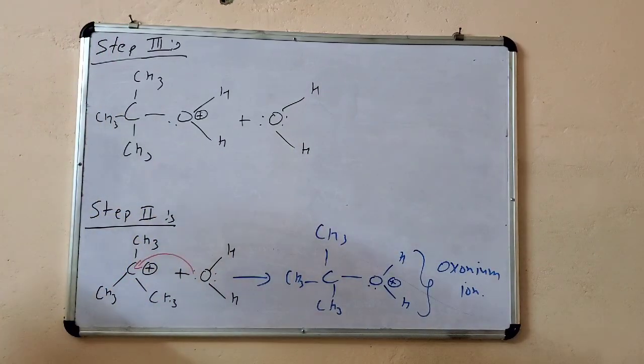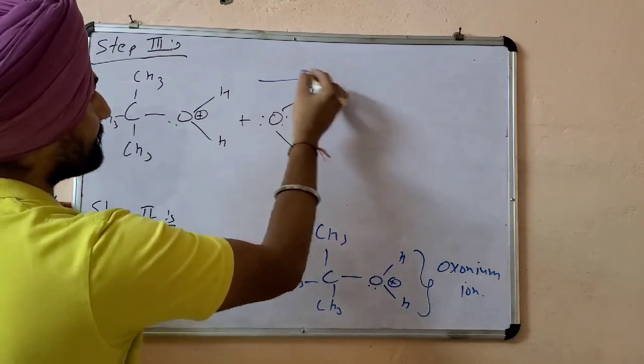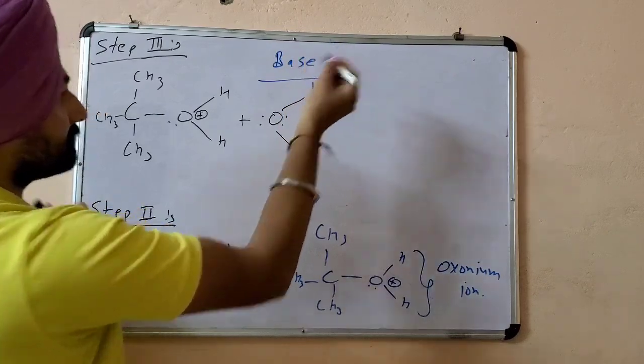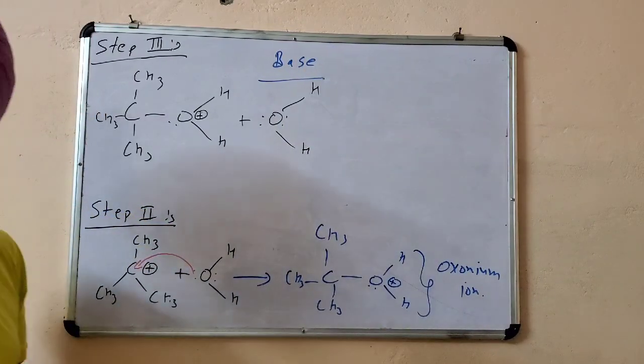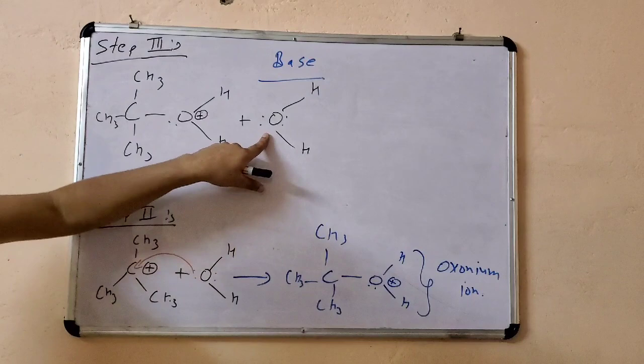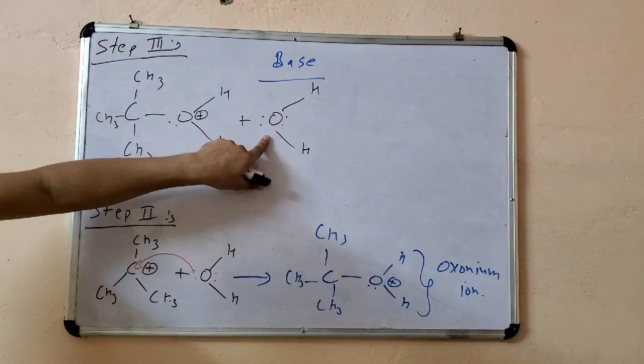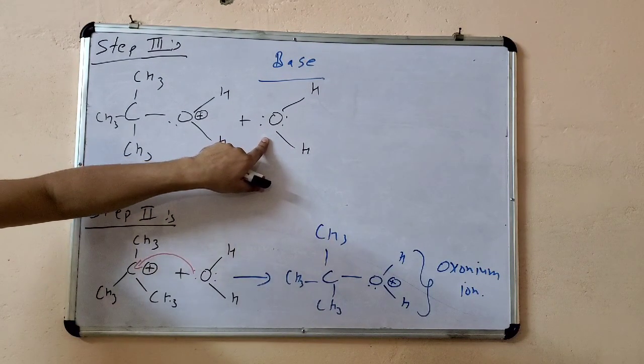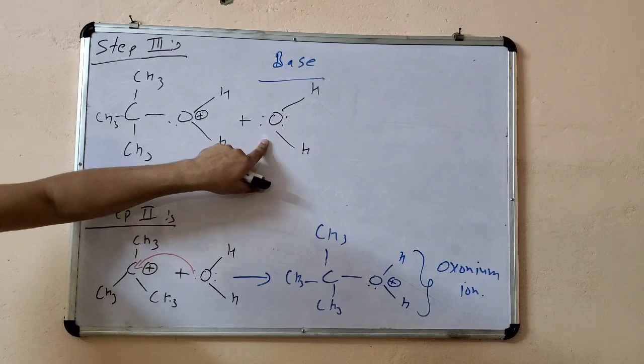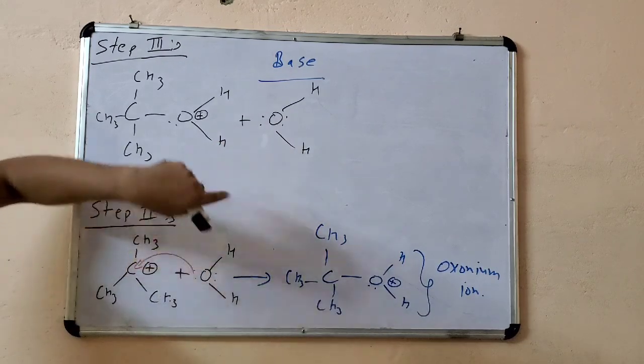Now what will happen here? Here water acts as a base. This incoming water molecule acts as a base. What are bases? Bases are the electron donors. So it will donate the pair of electrons, right? And it will deprotonate the oxonium ion to yield the required alcohol along with the hydronium ion.